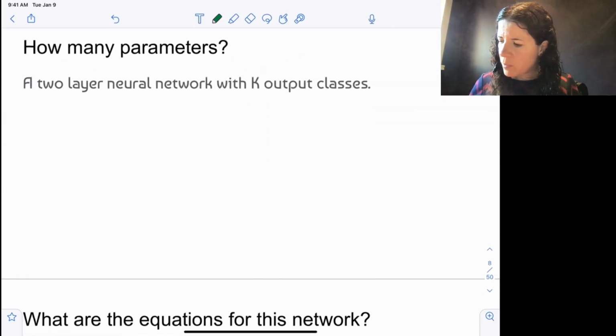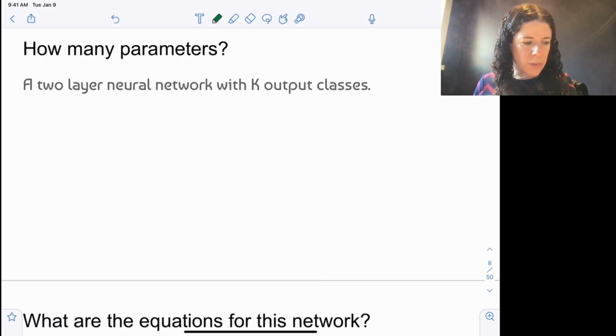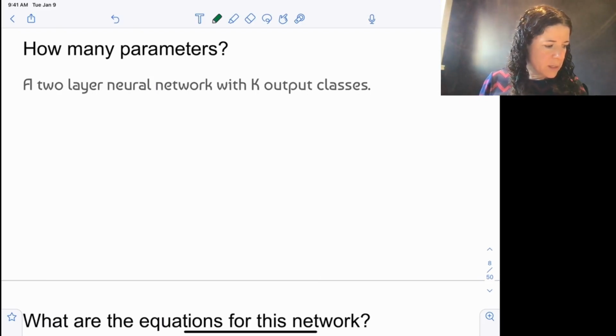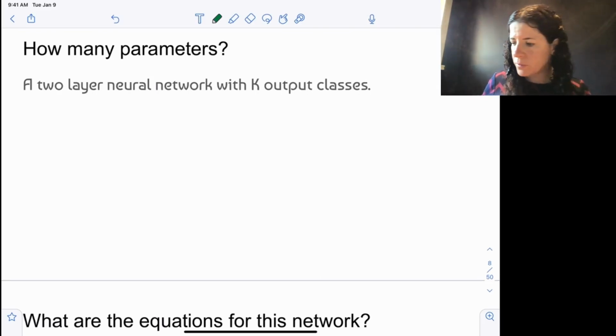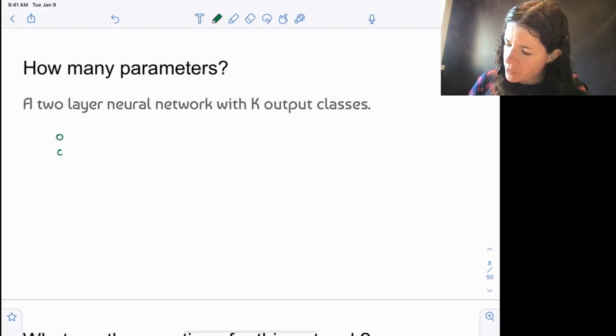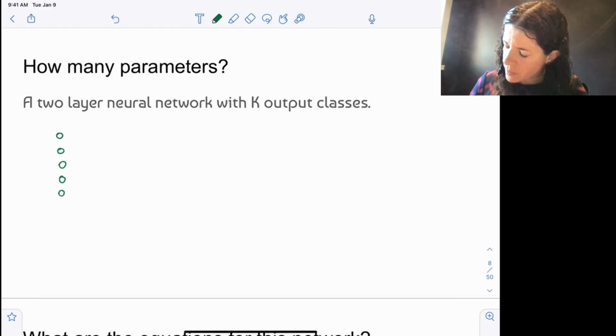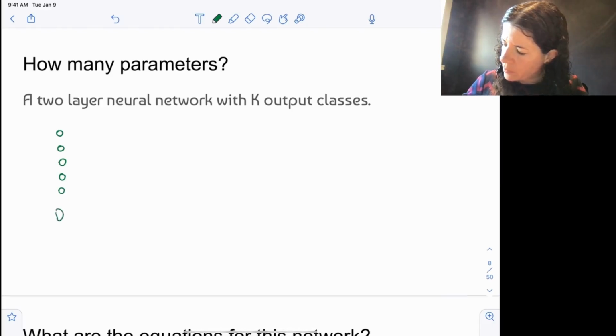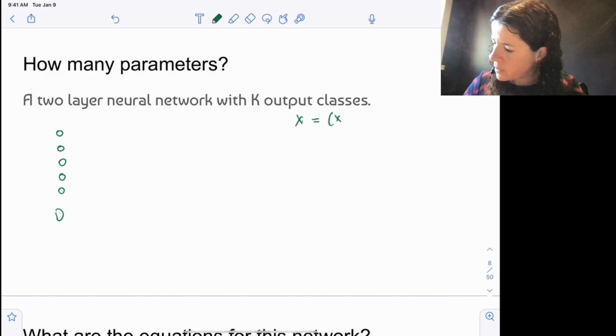So let's talk about, in general, how many parameters do we get in a two-layer neural network. First of all, let's think about, how big is the input? So we have some of these inputs, say x, and x is x1, x2, xd.